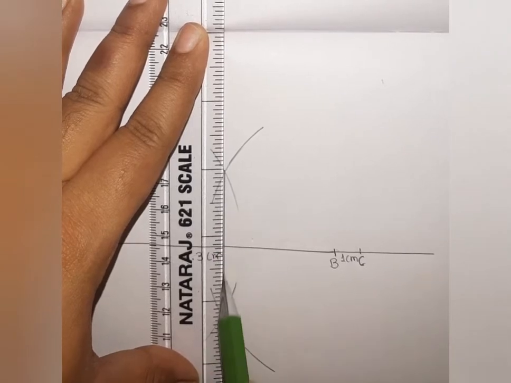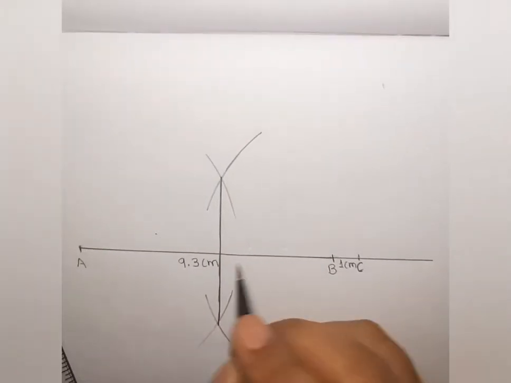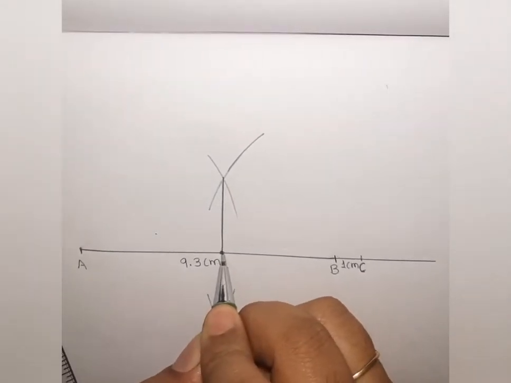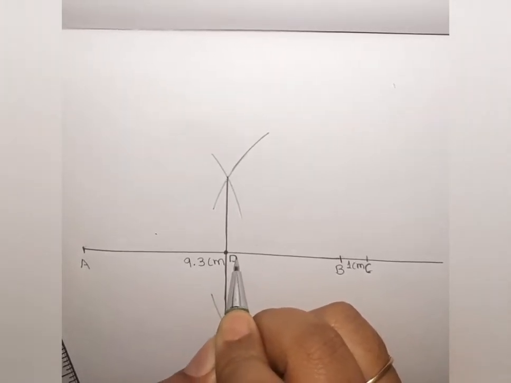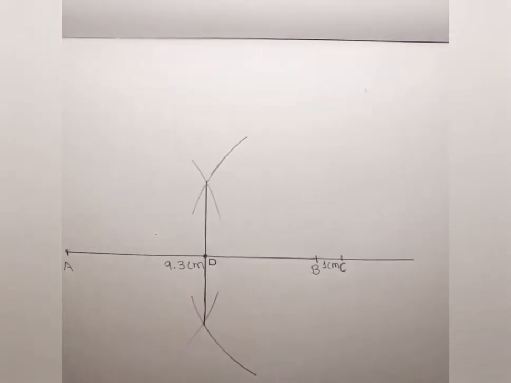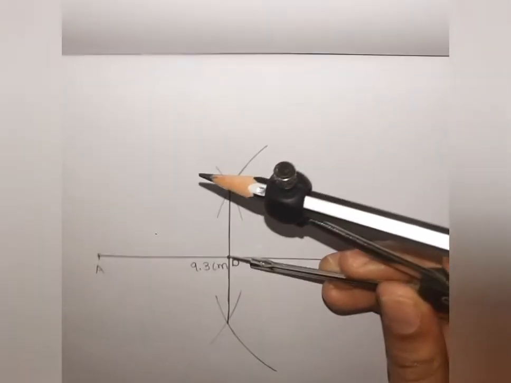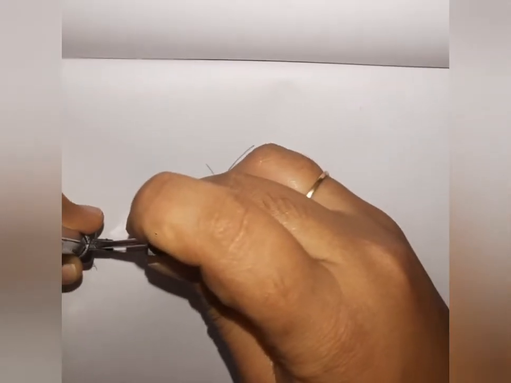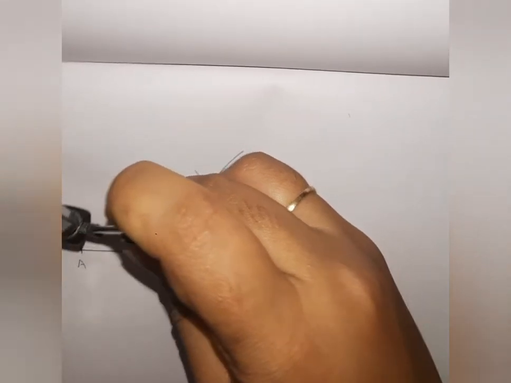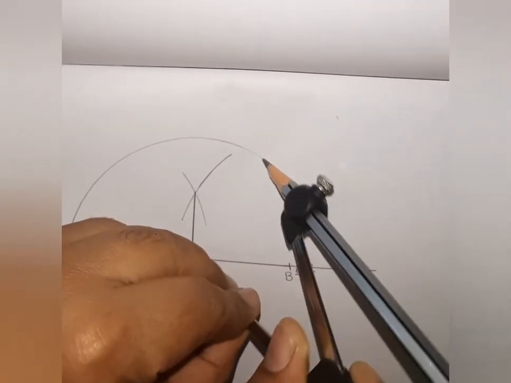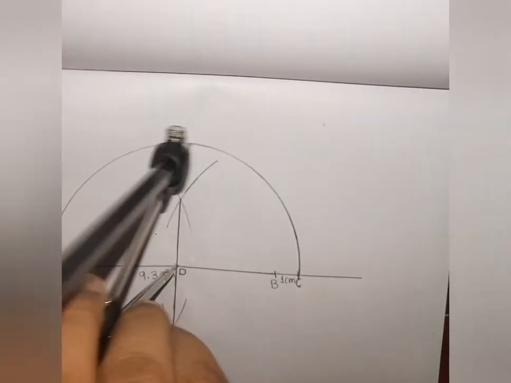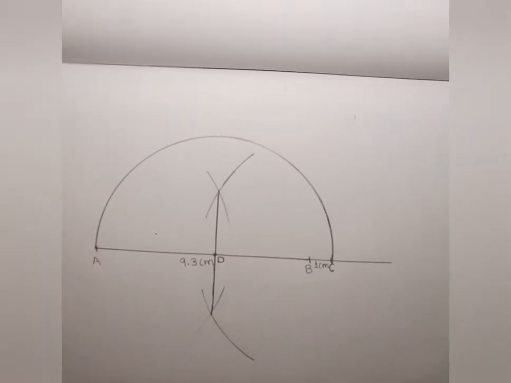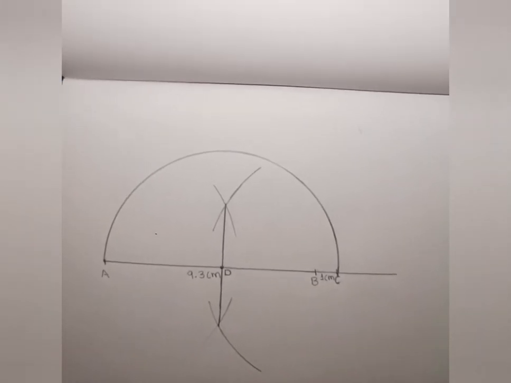Next, join these two intersecting arcs, and wherever this line is meeting your number line, name that point as D point. Keeping D as center and taking the distance up to A, draw a semicircle. Your semicircle will meet both A point and C point.